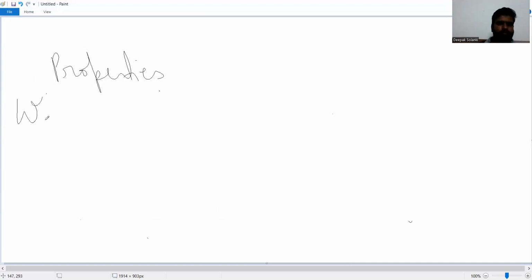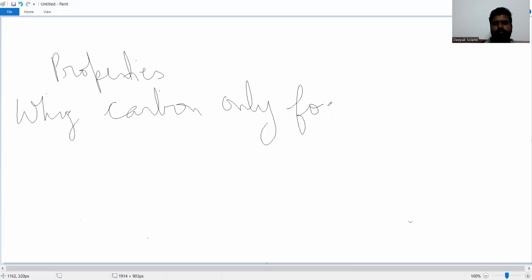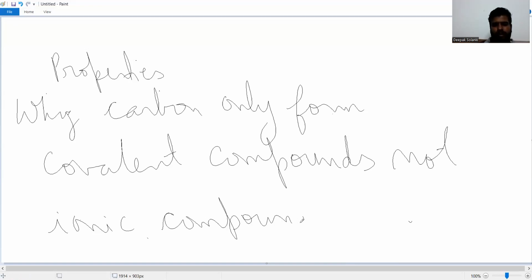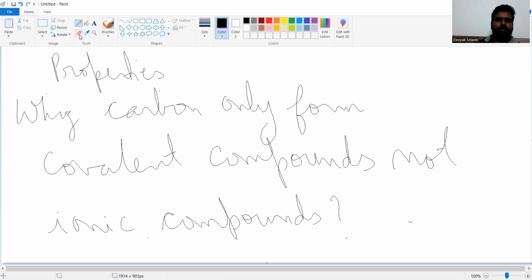Why does carbon only form covalent compounds, not ionic compounds? You can take a screenshot of this question because it's very important. Let me take the screenshot for 2 minutes and I will rub that.